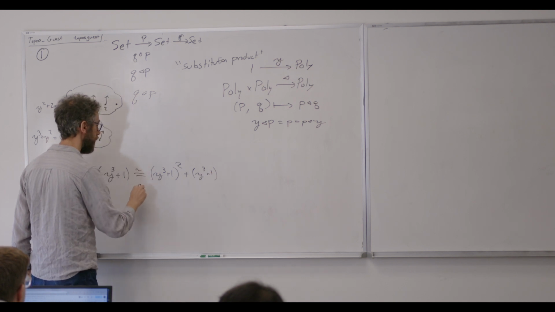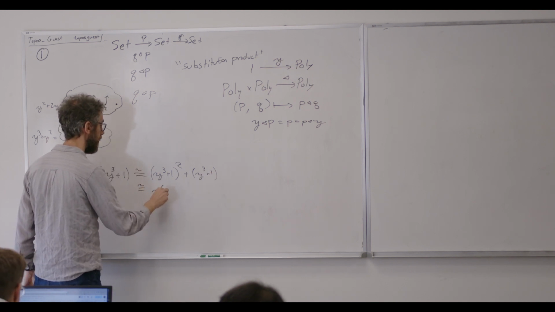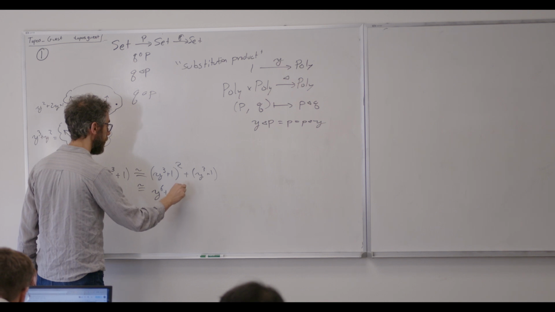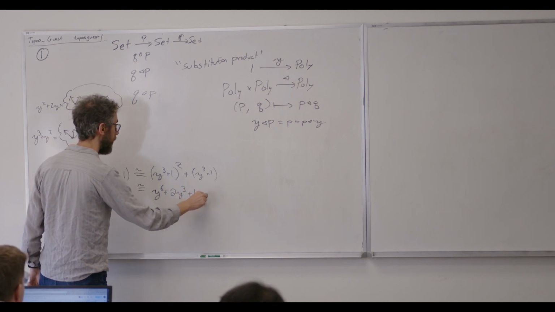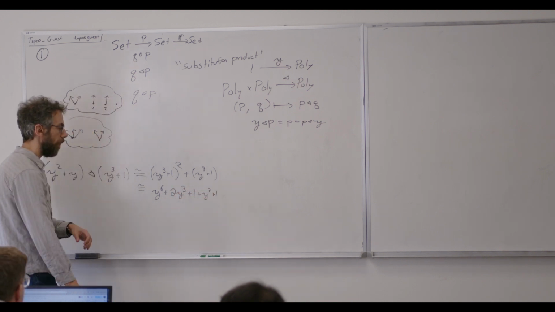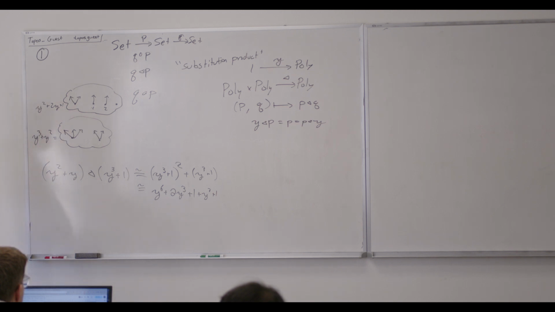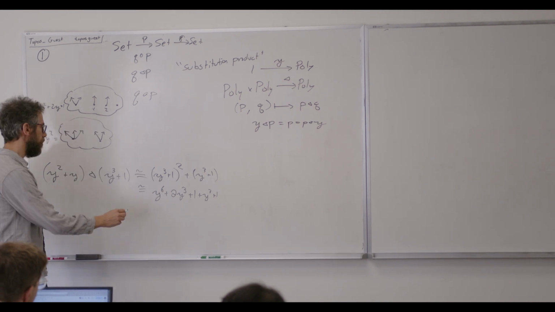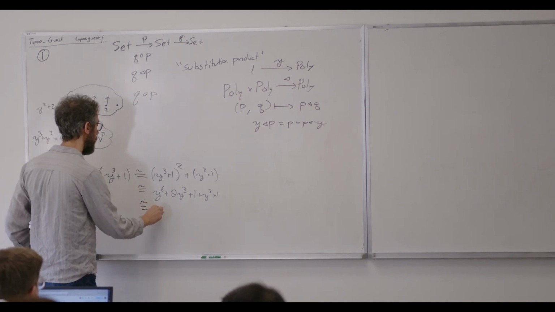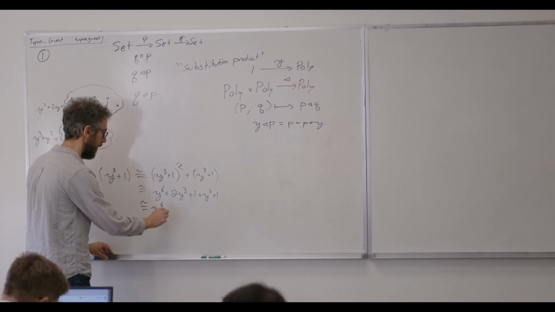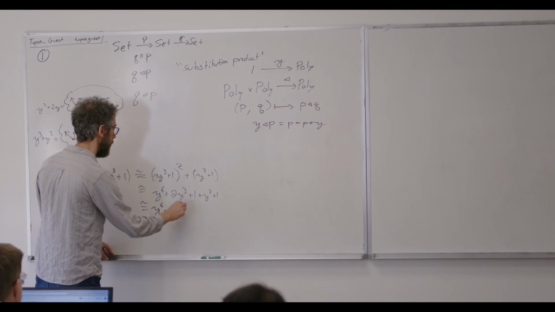And that's isomorphic to y to the 6th plus 2y cubed plus 1 plus y cubed plus 1, which is y to the 6th plus 3y cubed plus 2. Okay, but now let's draw it the other way.